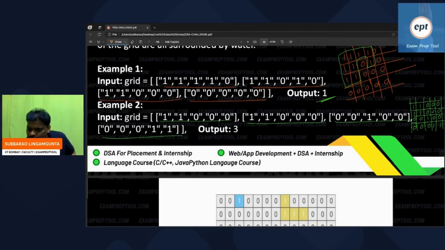Can you find out how many islands are there? I think this is one. All adjacent ones you have to take. Try to remember all adjacent ones.